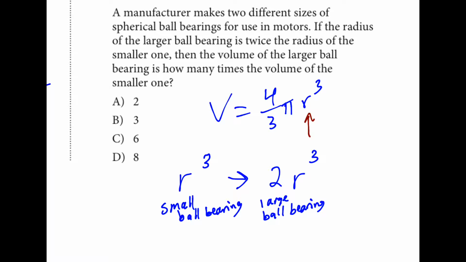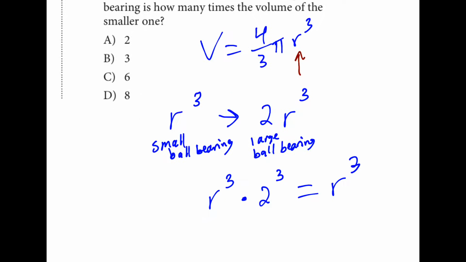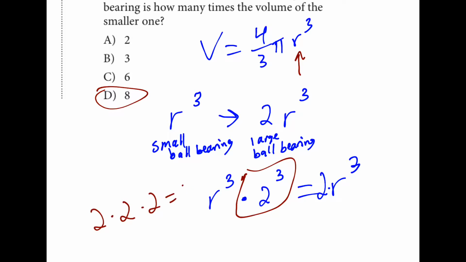So whatever the radius was cubed becomes 2 times whatever the radius was cubed. Well, there's this property of exponents that says if you take something like r cubed and you multiply it by 2 cubed, you'll get 2r cubed. And the difference between these two is just whatever 2 is cubed. 2 times 2 times 2 is equal to 8.